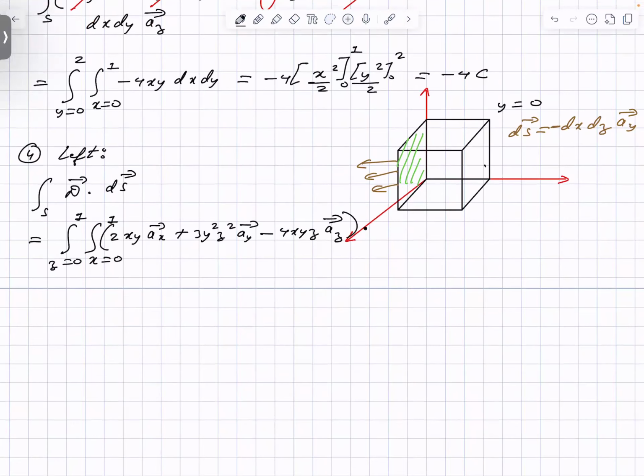Then we need the expression for ds, which is negative dx dz ay. We'll put a negative sign in front of the integral. And this time there is only an ay component in ds.